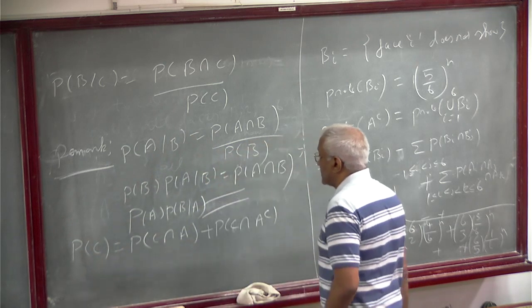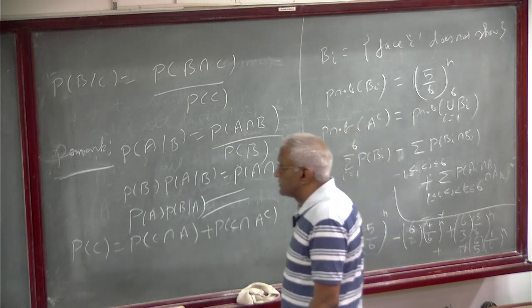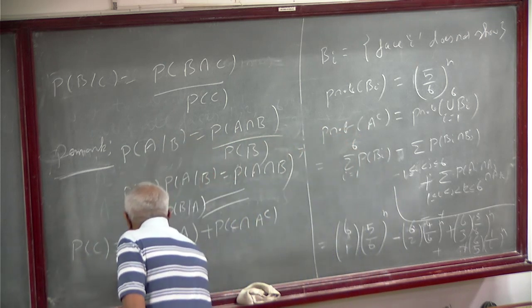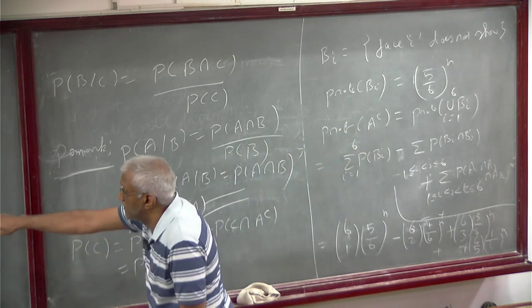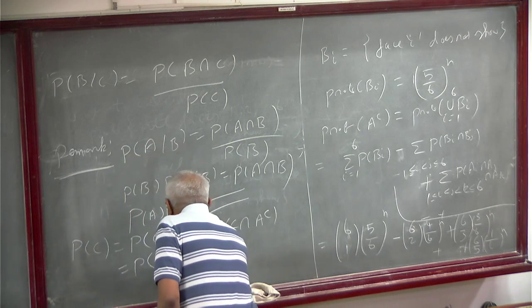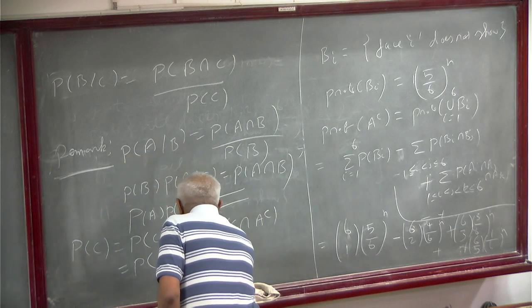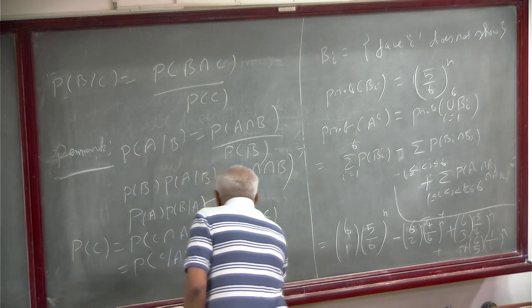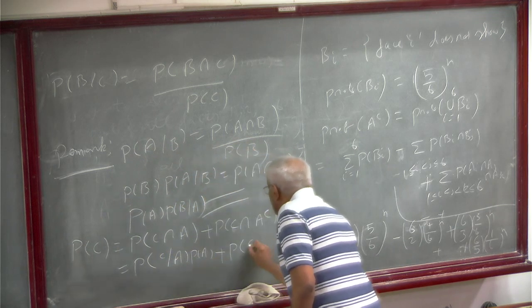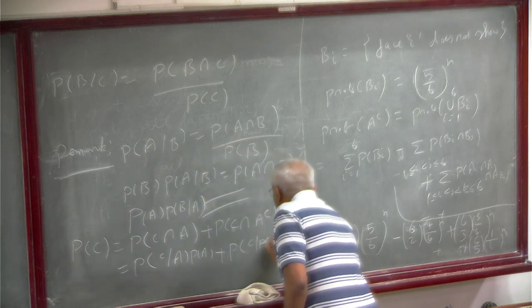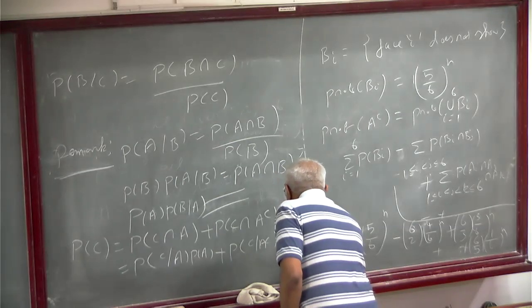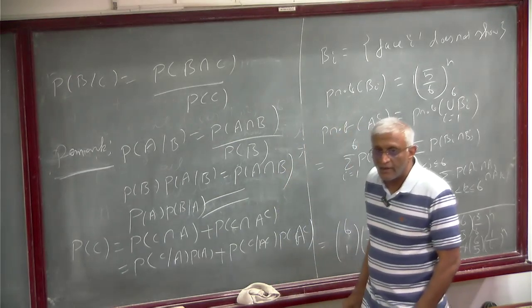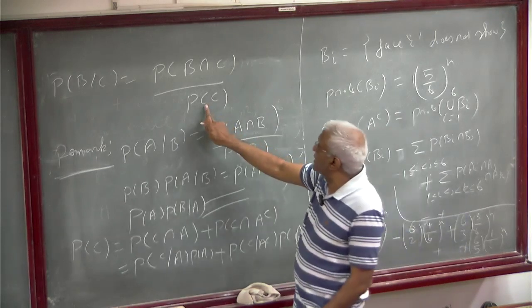That is equal to the probability of C given A times P of A, plus the probability of C given A complement times P of A complement. Using this formula, you can write this.